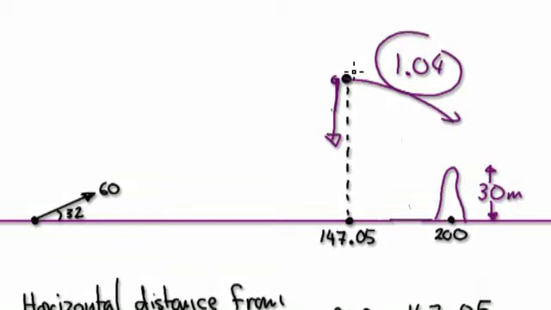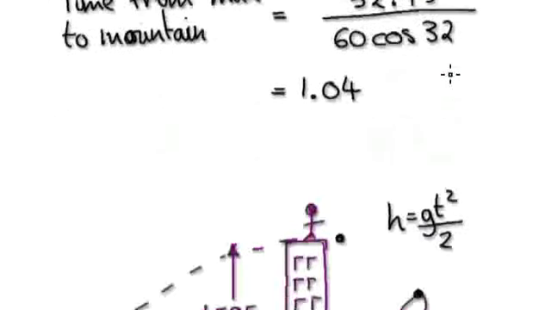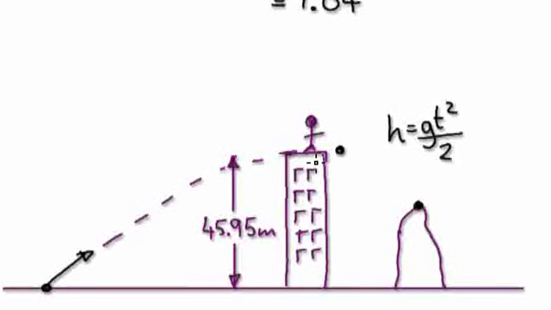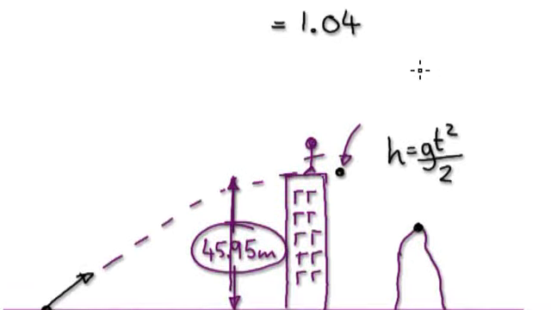So after the maximum height, it will free fall. But don't forget, it's free falling for 1.04 seconds. Okay, so now imagine you standing on top of the building here. This point here is the maximum height, and the building. Remember, we just worked out that the actual maximum height is 45.95, and we know it's going to free fall for another 1.04 seconds.